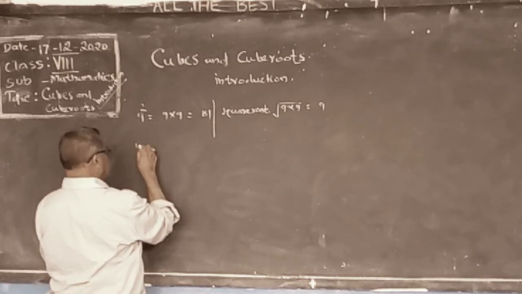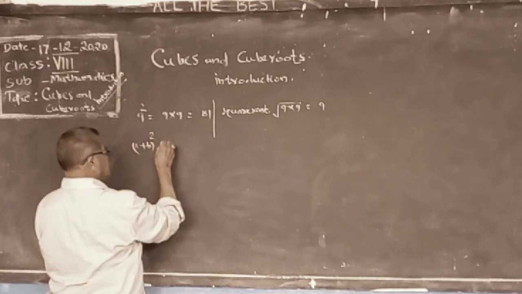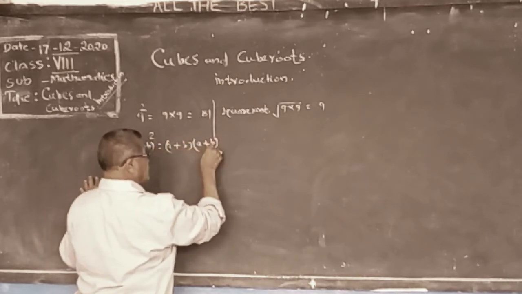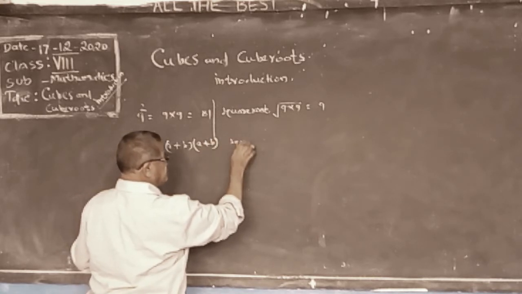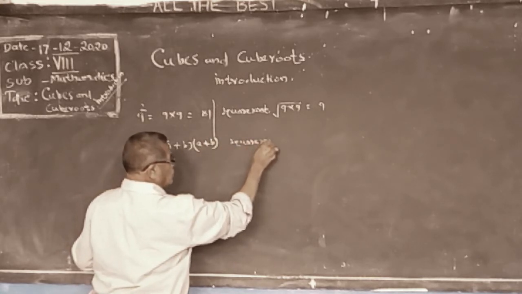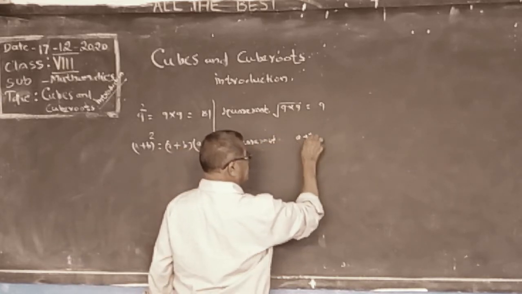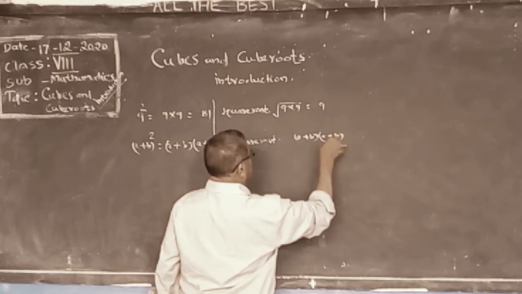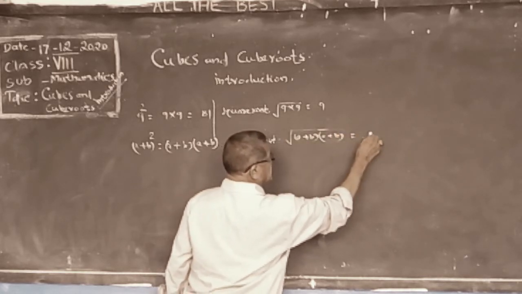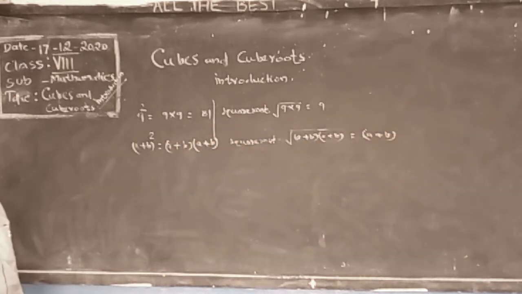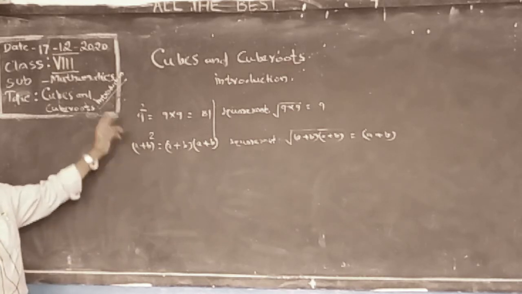Similarly, (a plus b) whole square means (a plus b) into (a plus b), and its square root is a plus b. Of course, we can write plus or minus, but now we are taking only positive values.